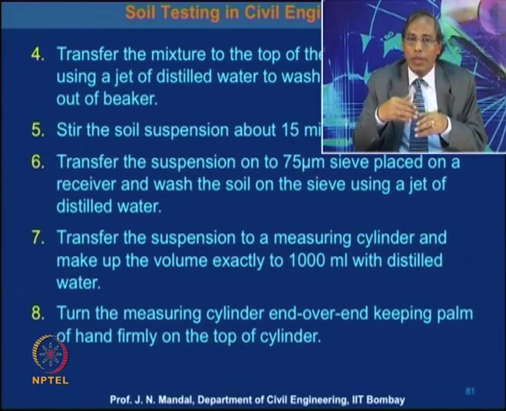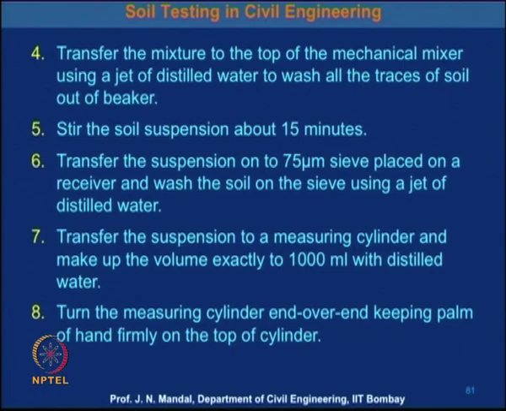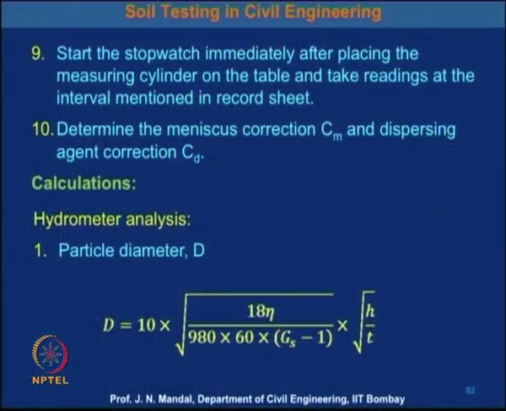Turn the measuring cylinder end over end, keeping the palm of your hand firmly on the top of the cylinder. Now, start the stopwatch immediately after placing the measuring cylinder on the table and take the reading at the interval mentioned in the record sheet.